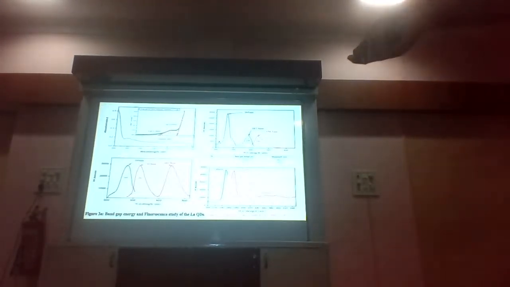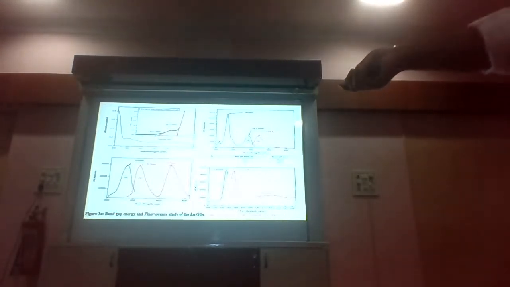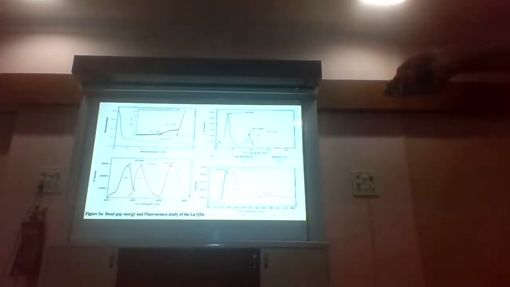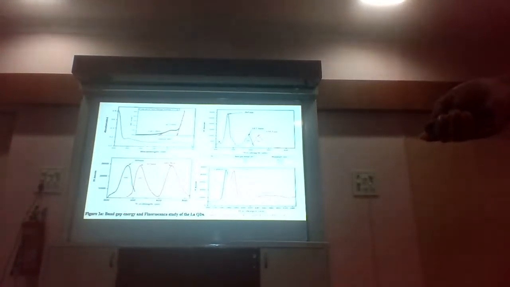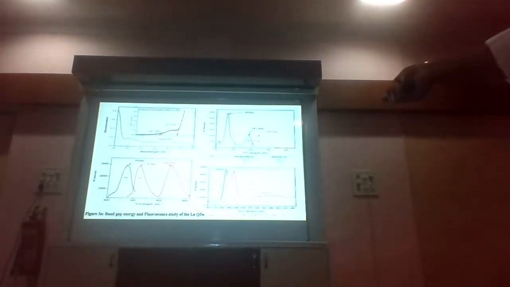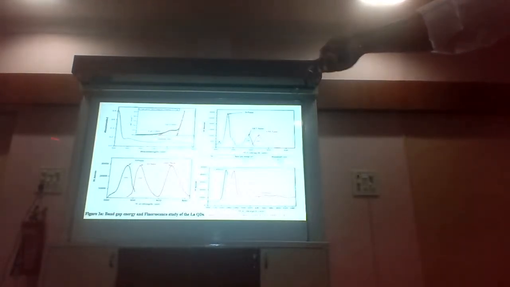I excited at 265 nanometer, then got two peaks: one at 315 nanometer, another at 440.5 nanometer. If I take the maximum emission at 315 nanometer, then I get only 265 nanometer. From this, I can say if I excite at 265, then I can get emission from both range quantum dots.